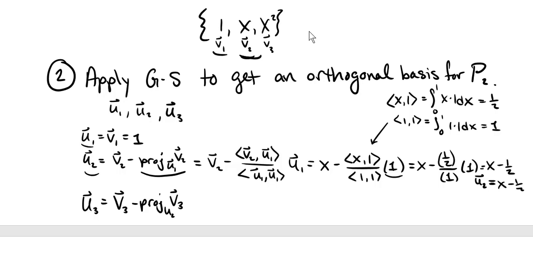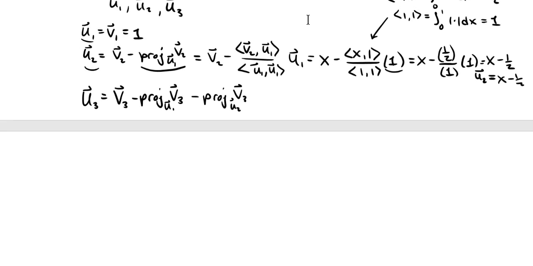U1 first, and subtract off the projection of V3 onto U2. And so what does this give me? Well, using those projection formulas, this is V3 minus, well, let's write what V3 and U1 and U2 all equal.